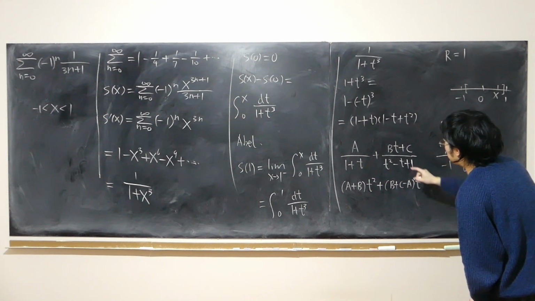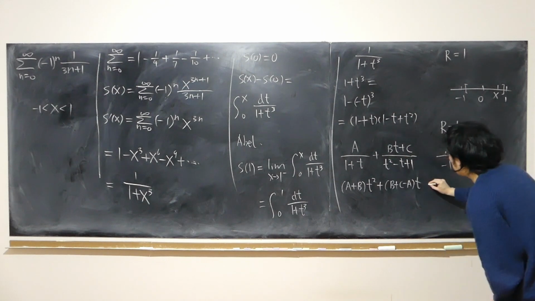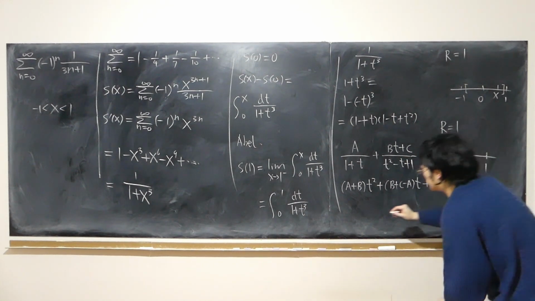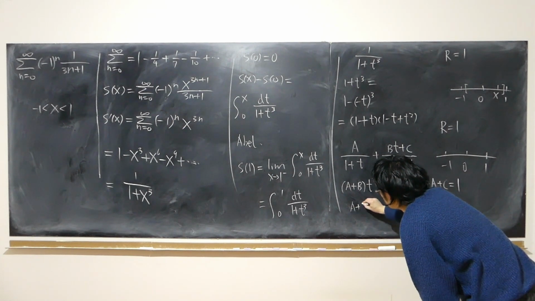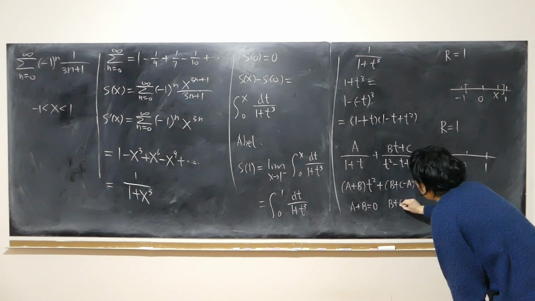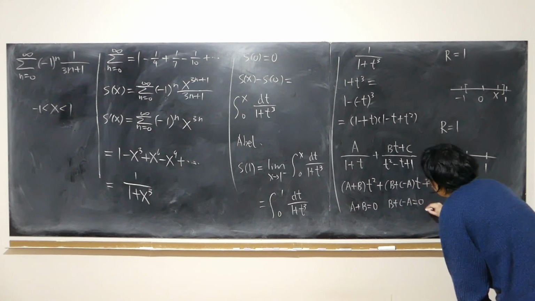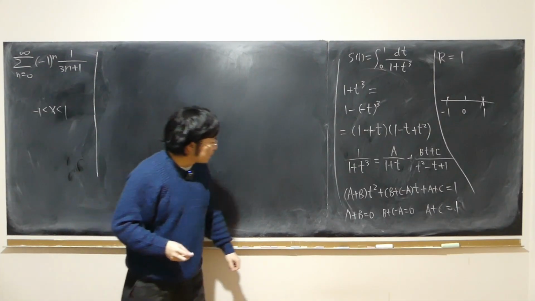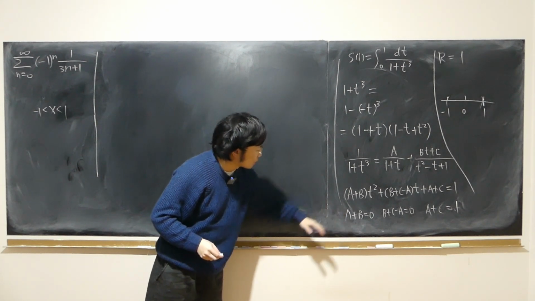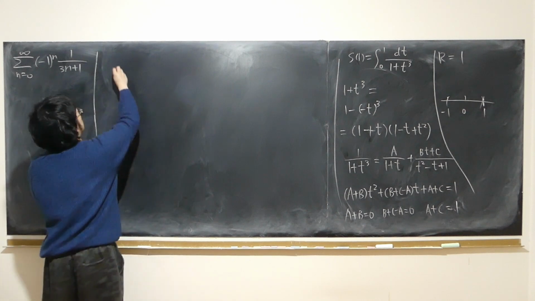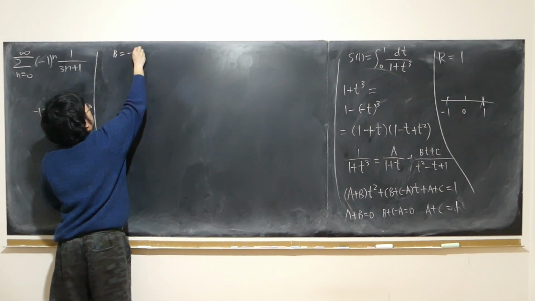The constant term: a plus c equals 1. So a plus b has to equal 0 no matter what, and b plus c minus a has to equal 0 no matter what t is. Also, a plus c has to equal 1. So b is equal to minus a.